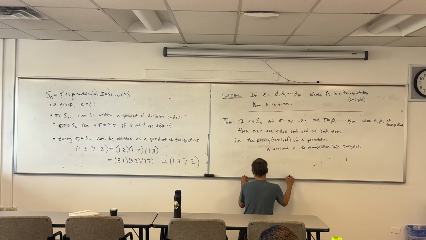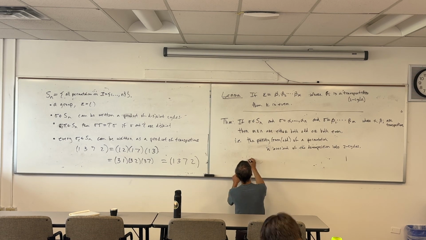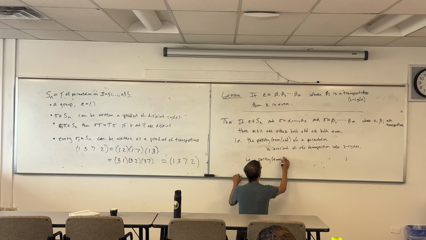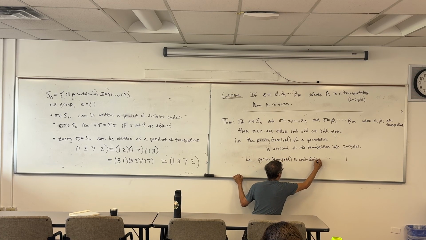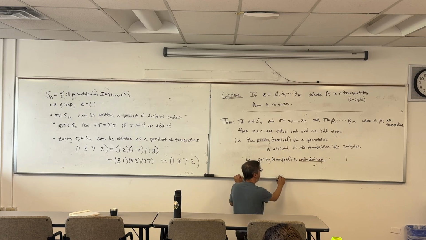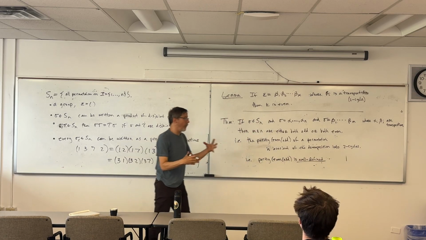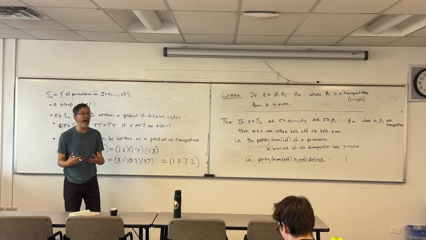Another way to say that, a higher level mathy way, is that parity, this idea of even and odd transpositions, is well defined. And that's a good math word. Well defined in math means this statement holds true no matter what representation of the thing that I have.